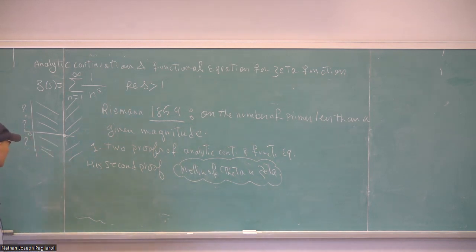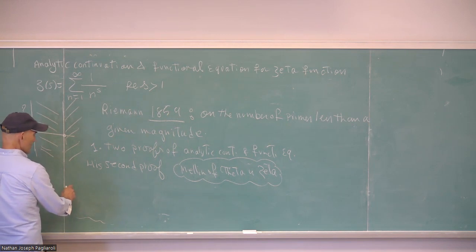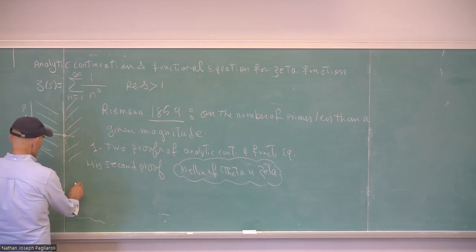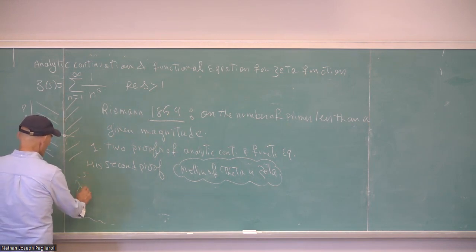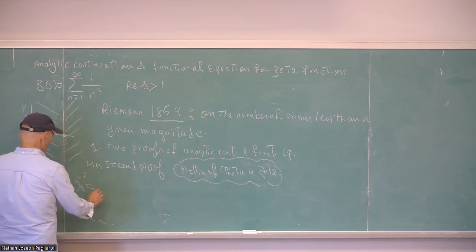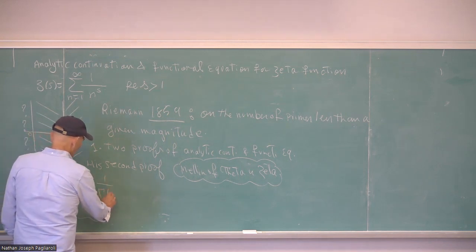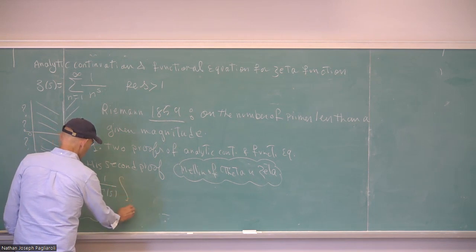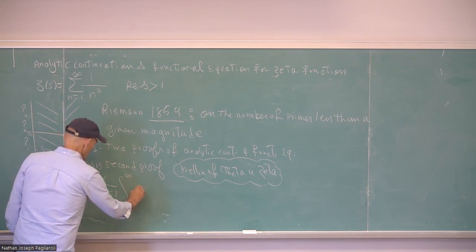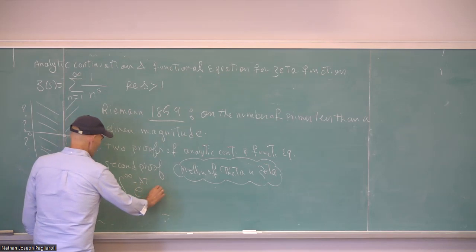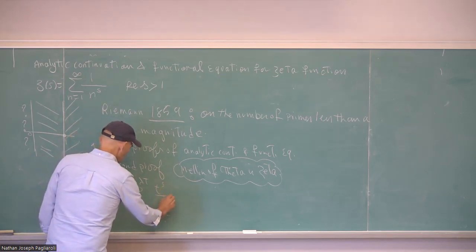Now, let's see how this works. So first of all, the first thing we remember is that lambda to the power minus s is equal to 1 over gamma of s, integral 0 to infinity, e to the minus lambda t, t to the s over t dt.